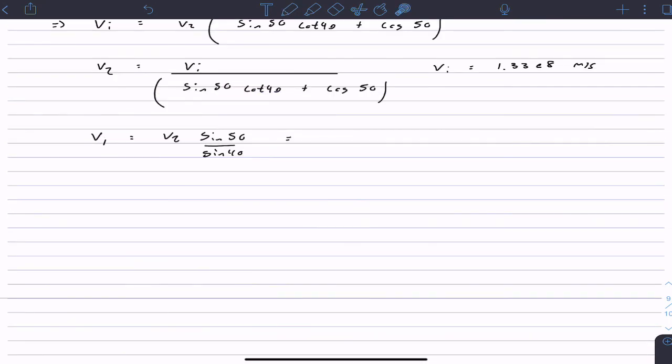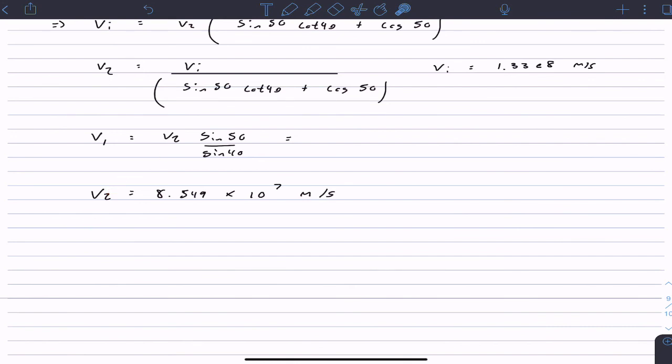Okay, recalling that VI is equal to 1.33 times 10 to the 8 meters per second. You plug all of this in, and then you end up with a value of V2 is equal to 8.549 times 10 to the 7 meters per second. Okay, then we plug that into V1.